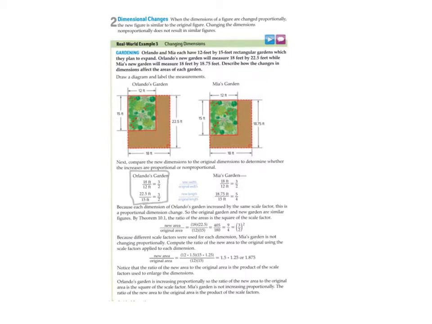Mia's, as you notice here with her two fractions, if you do the same thing, is different. Okay, so you can't really do Mia's in the same way as you can do Orlando's. Orlando's is similar, so you can do ratio and proportion. Mia's you cannot, you've got to do a little bit of extra work, and as you can see from what we've got here in the diagram, you have to do a little bit of extra work.